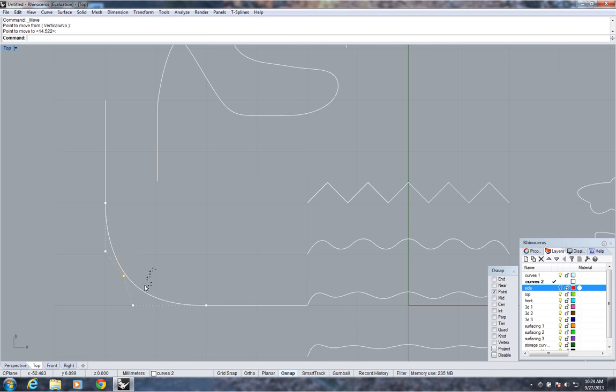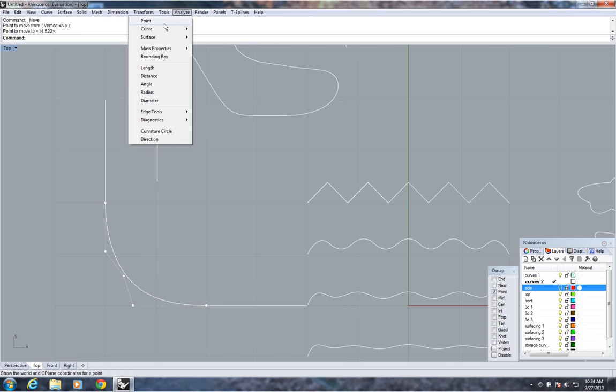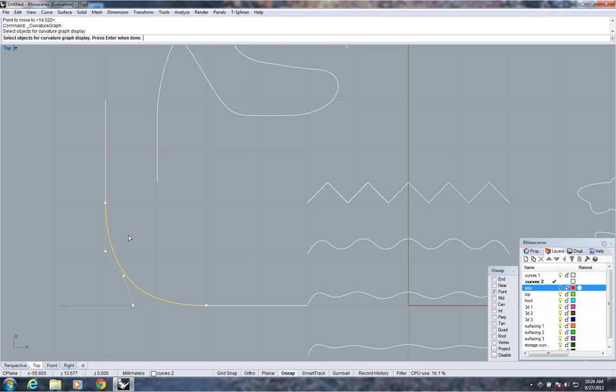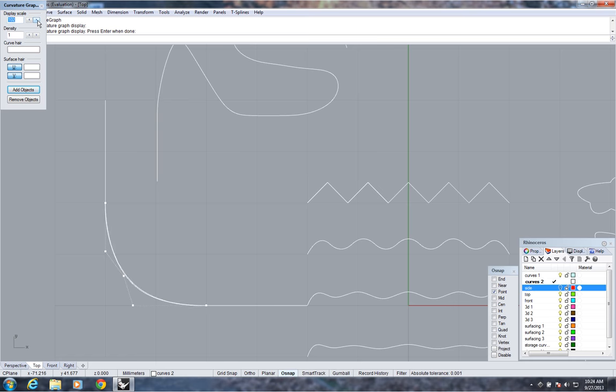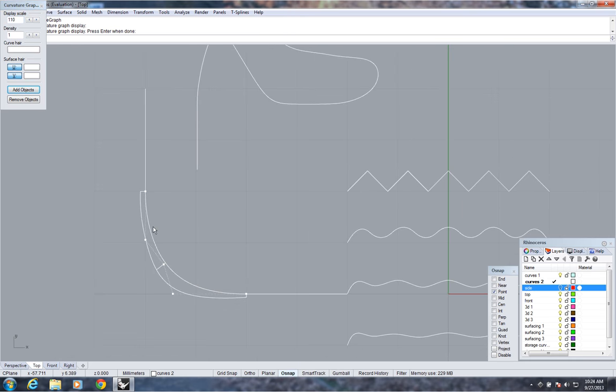If I want to know how smooth the arc is, I can come to Analyze, Curve, turn on my control graph, my curvature graph, increase the scale so I can see it well. And this will give me a nice clear way to mathematically see my curve.